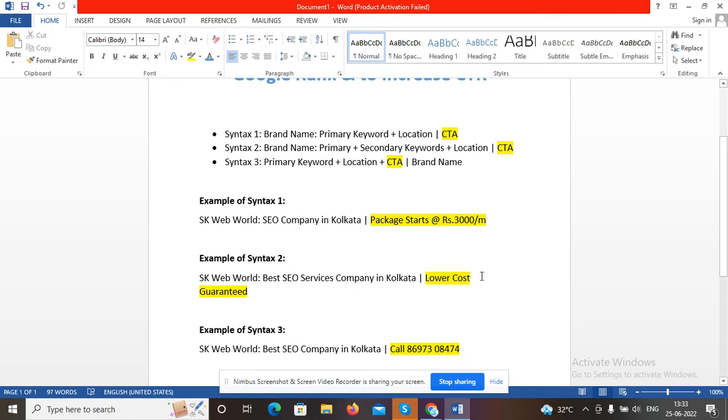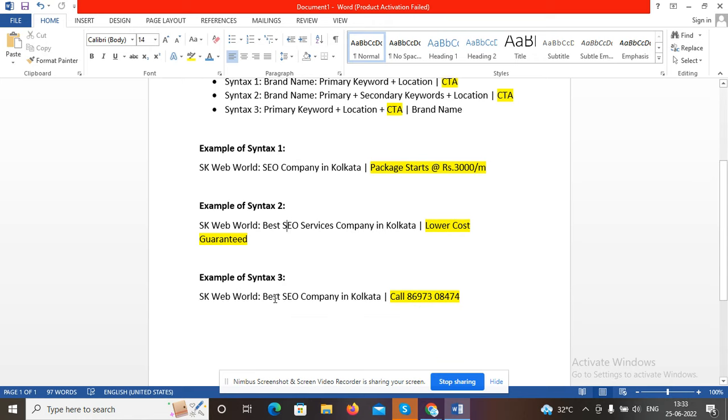Then see, another call to action we can write: lowest cost guaranteed. And another one, syntax number 3, is brand name. We can write like this way. Now this is fine.